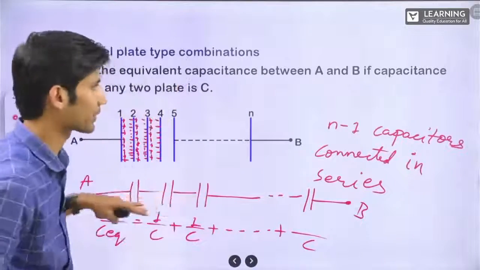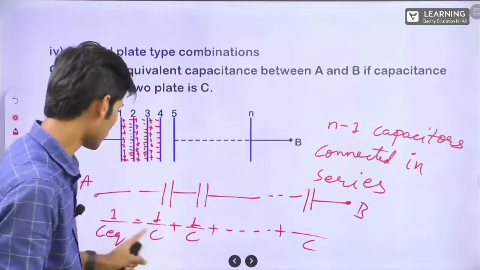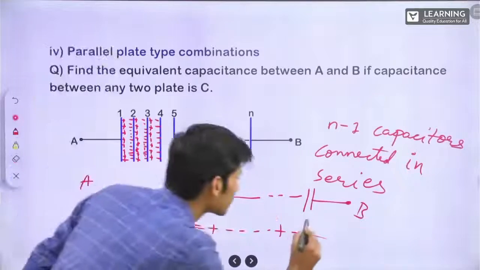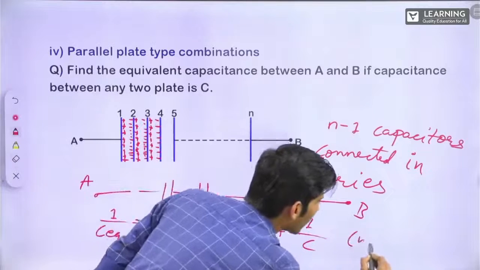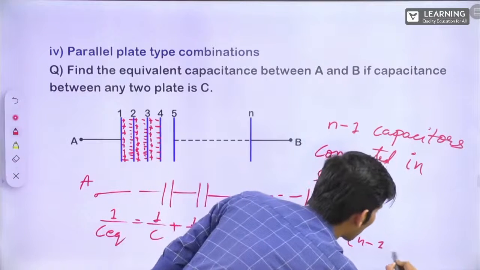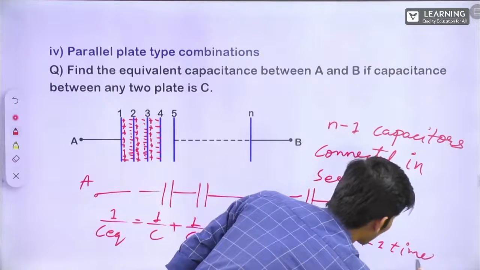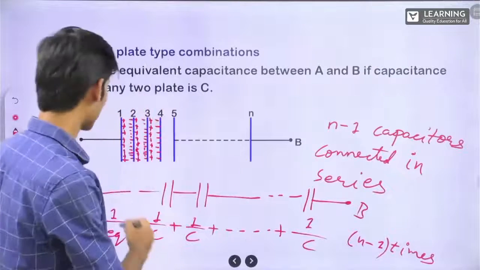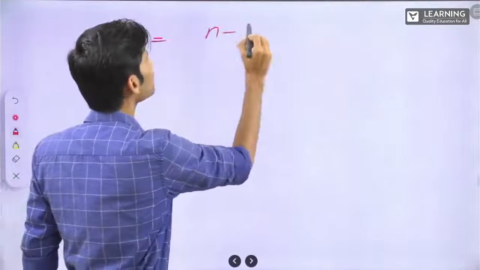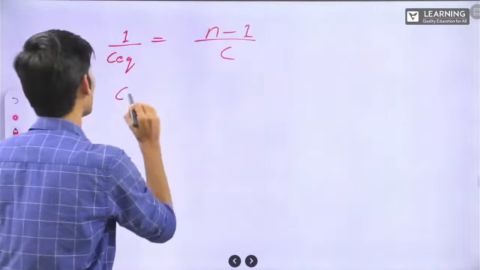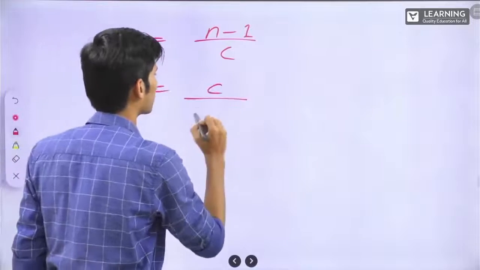These are n minus 1 capacitors connected in series, fine. So this is 1 by C, n minus 1 times. That means 1 upon C equivalent is equal to n minus 1 by C. C equivalent is equal to C upon n minus 1.